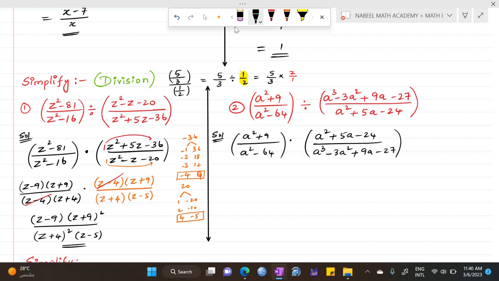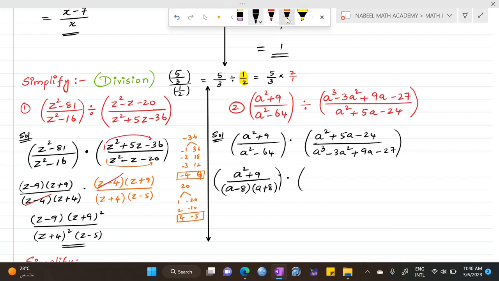So this is the second one. Now in the first one, we don't have a formula for a square plus b square, so I will keep it as it is. You cannot factorize this term. But in the denominator, you can factorize: this is a minus 8 and this is a plus 8. The first part is done.